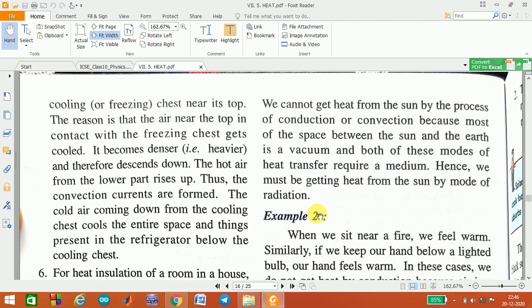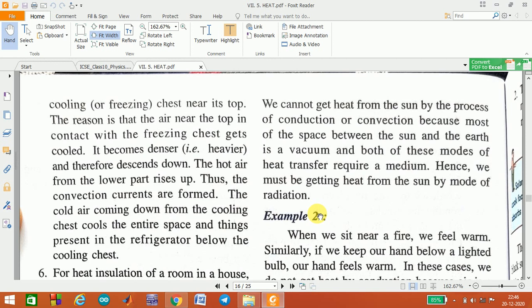The air near the top, in contact with the freezing chest, that means the ice box, gets cooled and becomes denser and heavier. Then it descends down, and the hot air from the lower part rises up. Thus a convection current is formed here.